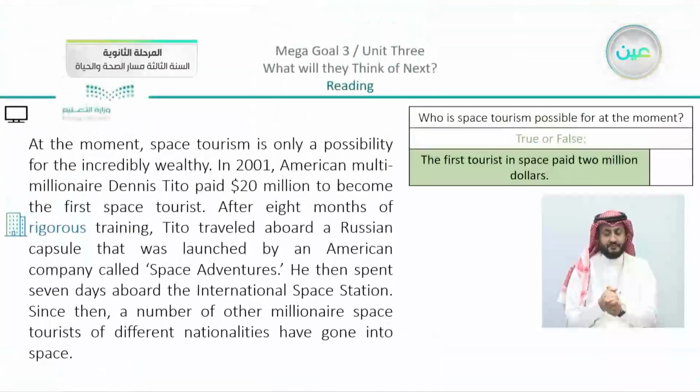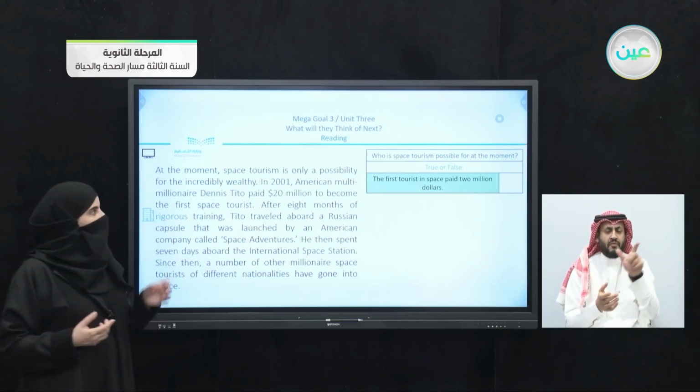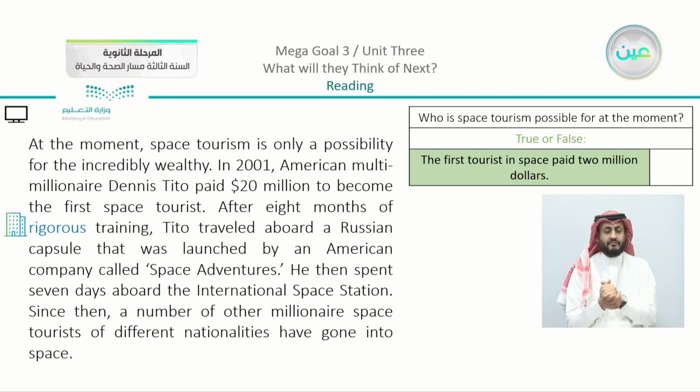Now we have the next question. Of course, we have the word rigorous in our vocabulary. The question is, who is space tourism possible for at the moment? So there are people who may go at the present time, but who are they? So the question is, who is space tourism possible for at the moment?